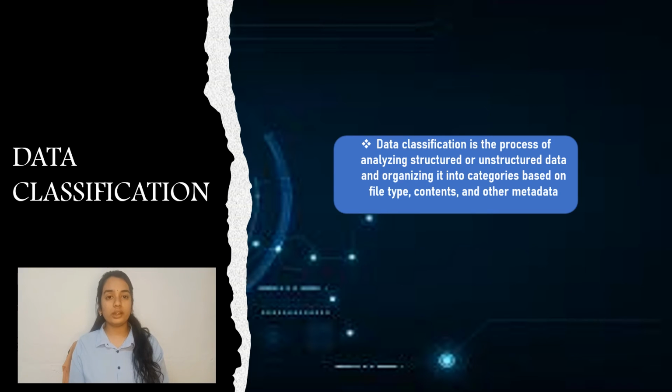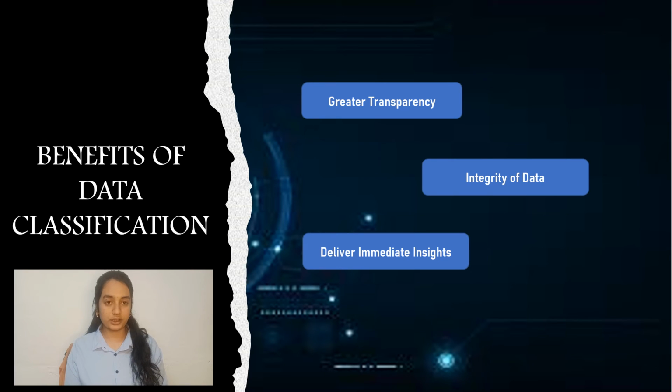Now, moving on to data classification. Data classification helps organizations answer all the crucial questions about their data that inform how they mitigate risk and manage data governance policies. The benefits of data classification: the first one is it makes it easier to view how your data is being used and where it is moving.